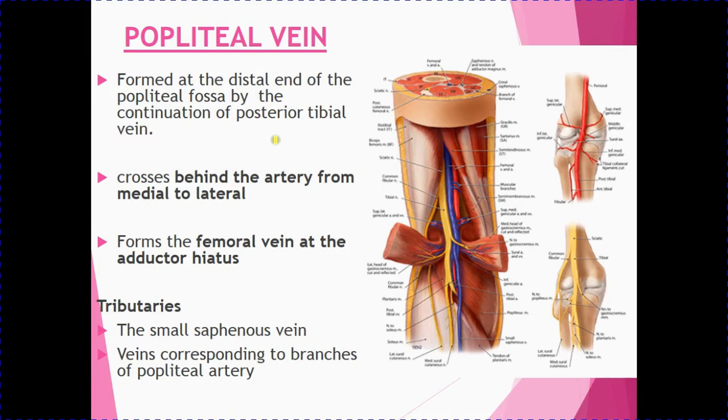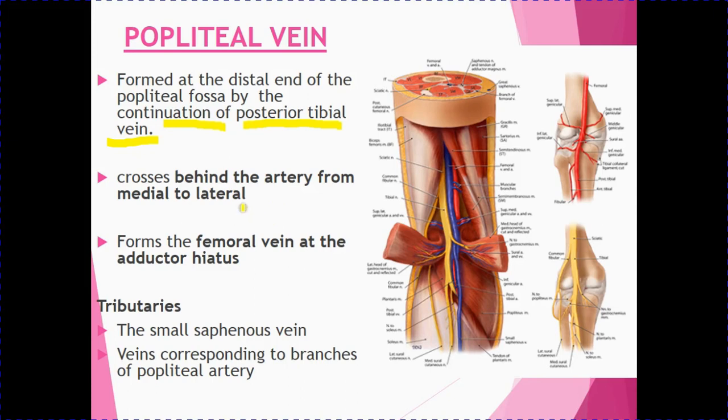The second content is the popliteal vein. The popliteal vein is formed at the distal end of the popliteal fossa by the continuation of the posterior tibial vein. Okay? How is the popliteal vein formed? It is formed by the continuation of the posterior tibial vein.